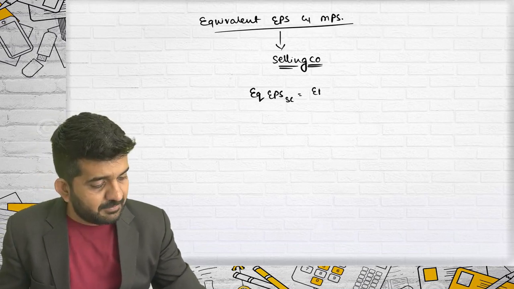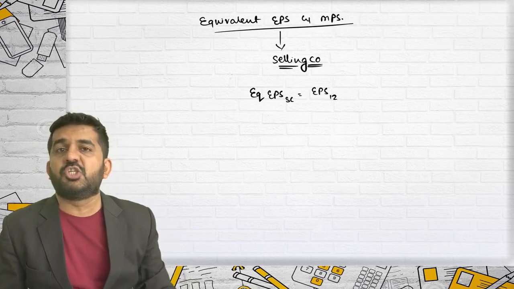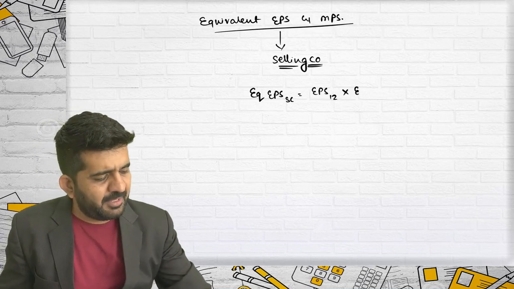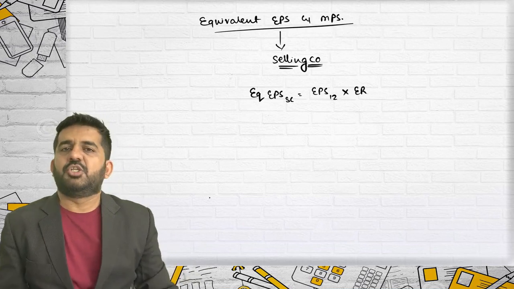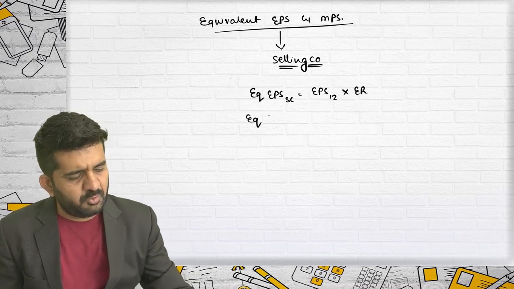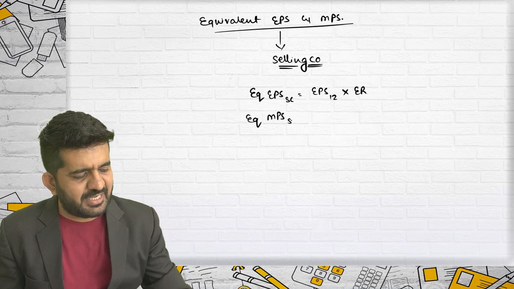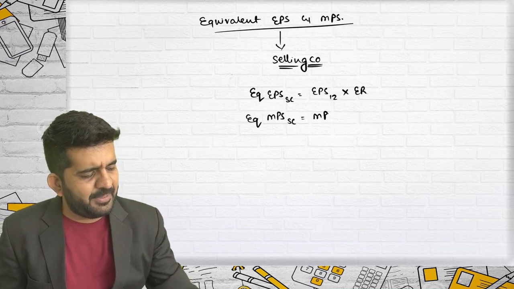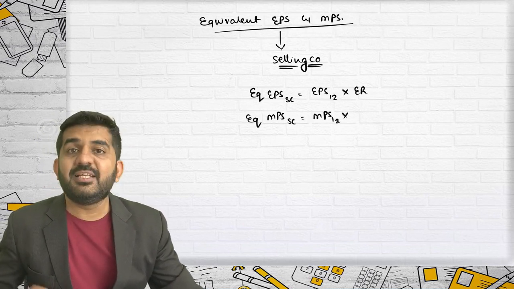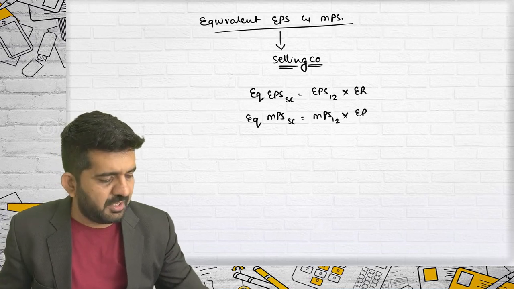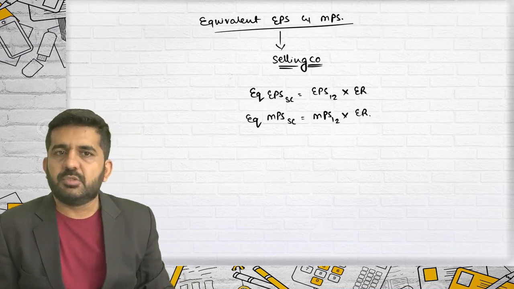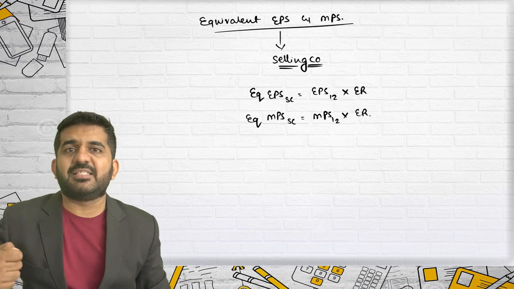It is nothing but EPS of the merged company multiplied by exchange ratio. How to find out equivalent MPS for the selling company: it is MPS 1-2, that is MPS of the merged company, multiplied by exchange ratio. Sir, where are this EPS and MPS used?